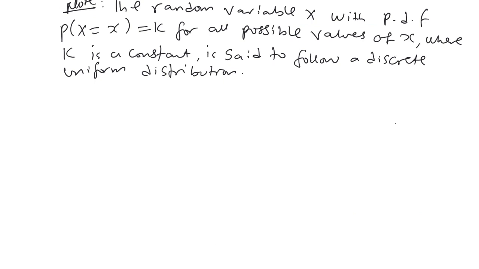Ladies and gentlemen, every time you have a random variable with the PDF, probability of x equals small x is equal to a constant k, so the PDF is a constant for all the x values, that will be called a uniform discrete distribution.